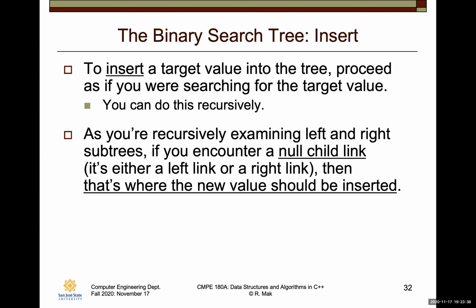Assuming that the value is not already in the tree, eventually you're going to encounter a null link, because you're searching for a value that's not already in the tree, and that is where you're supposed to insert the new item. So you're going to replace that null link with a link to the new node that you're inserting. All right, so let's see how that works.